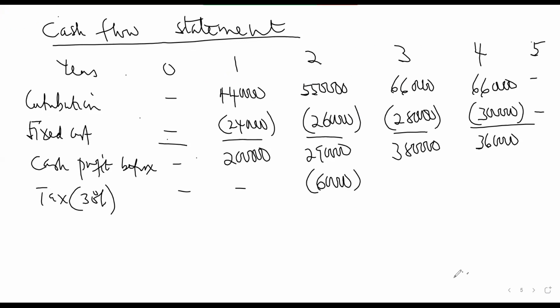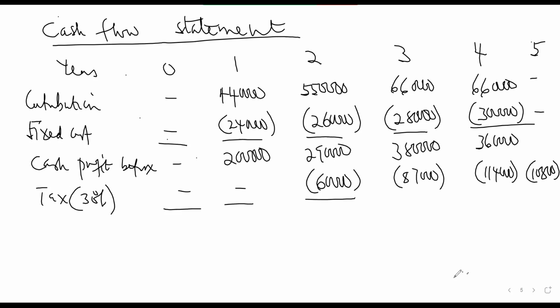What will be the tax in the next year? 87,000. Then 114,000. And year 5 will be 108,000.